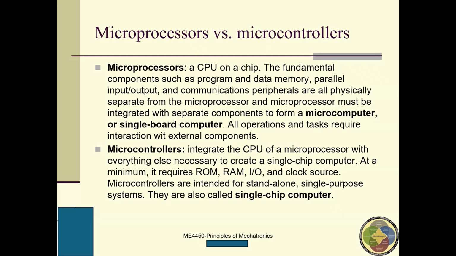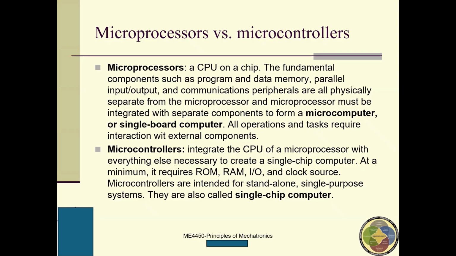On the contrary, for the microcontroller, as the technology evolves, things change a lot. People integrate the CPU and all other necessary components in one single chip. This is called a microcontroller. With everything else necessary to create a single chip computer, at a minimum it requires ROM.